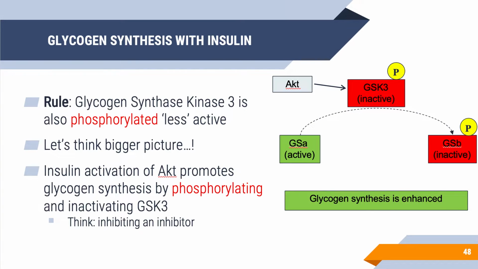If GSK3 is inactive, it's unable to turn glycogen synthase into that inactive form, leaving it in the active state. If glycogen synthase is in the active state, glycogen synthesis is enhanced, or there is increased capacity for glycogen synthesis. So what we're thinking of here is inhibiting the inhibitor.